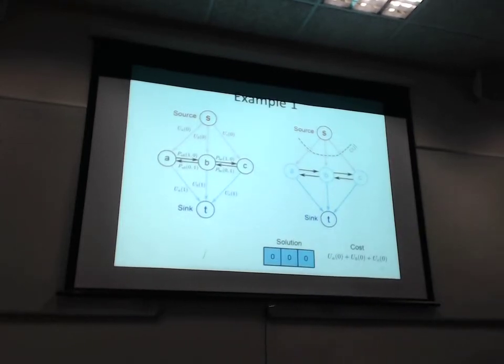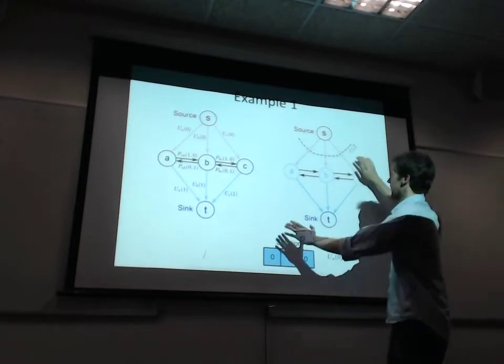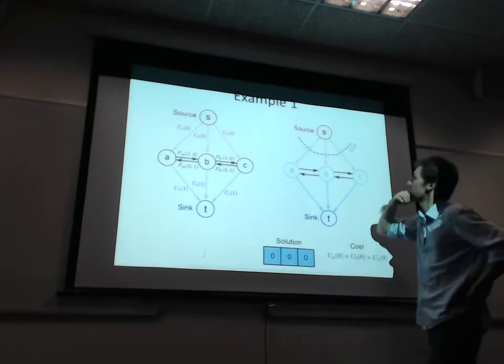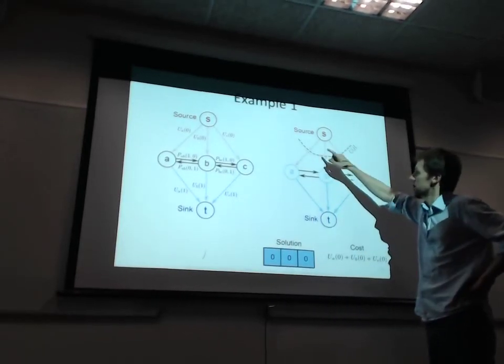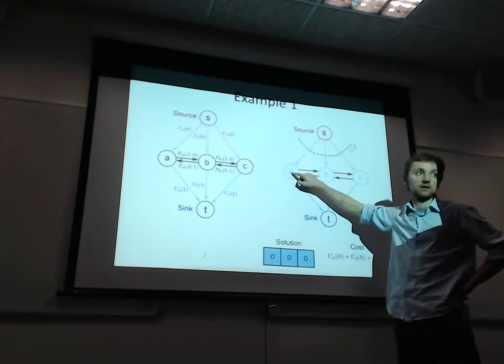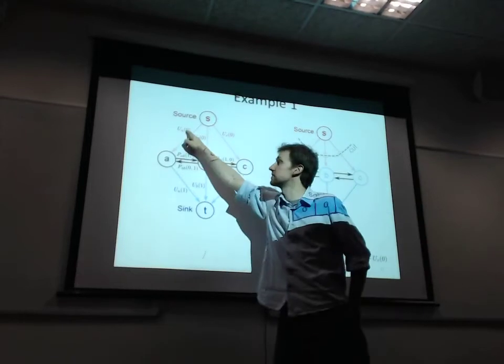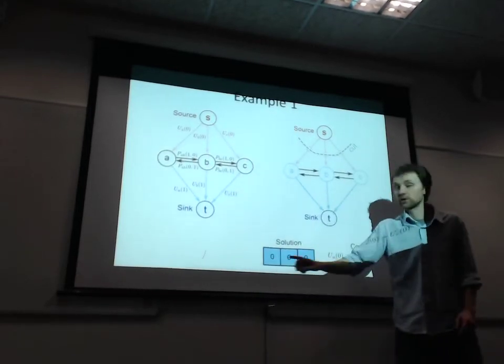So this is the way to read it, right? If someone hands you a picture like this and says, what does that solution mean? You're supposed to look at it and say, what costs have I paid? I've paid this cost to make A a 0. And that's what goes here.